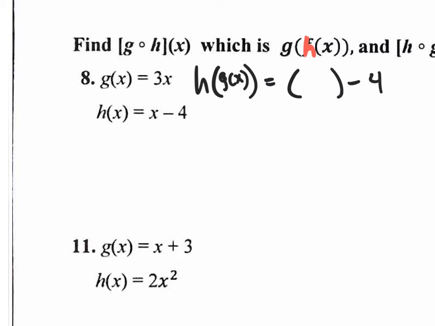And what am I actually plugging in the parentheses? If I had h of 5, all I do is plug in a 5 right there. But it's not h of 5, it says h of g of x. So what is g of x? That goes in here. What is g of x? 3x. So we put in a 3x right in there. You put it in with parentheses just in case you're multiplying by anything. There's nothing to distribute, you're not even multiplying back here, so you don't really need the parentheses. You're done. That's your answer.